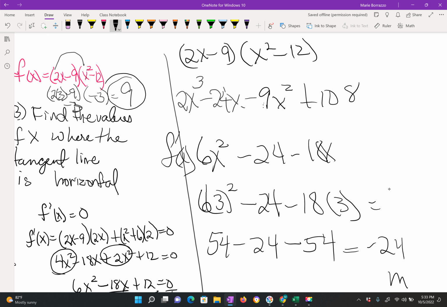And so 2x times x squared. Oh, I see what you did. This is the minus 24x, and that's your negative 9x squared. And this times this is positive 108. Okay, so what I did was the long way. You should have gotten the same answers, so that's okay.